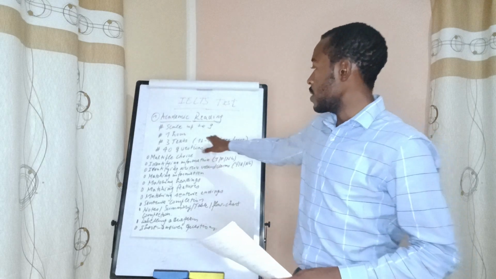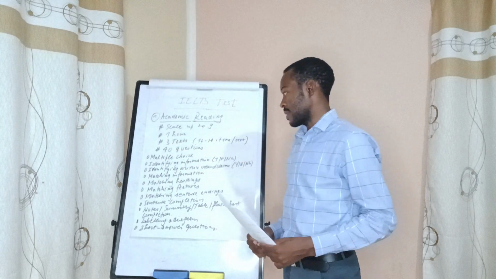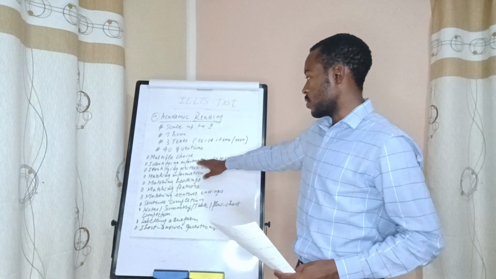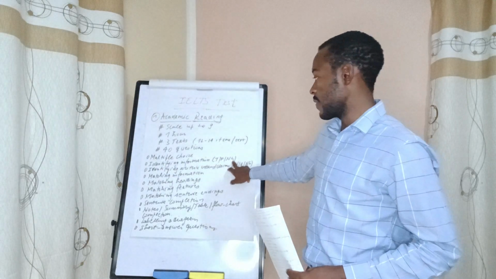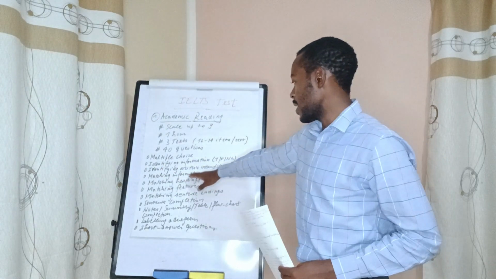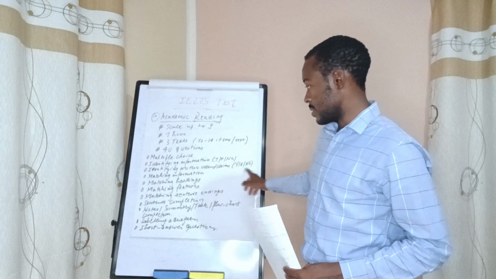Now, the academic reading has several types of questions that can be asked. There are multiple choice questions, identifying information: true, false, not given. There are identifying writers' views and claims: yes, no, or not given.